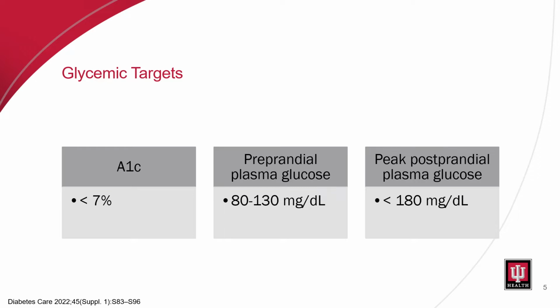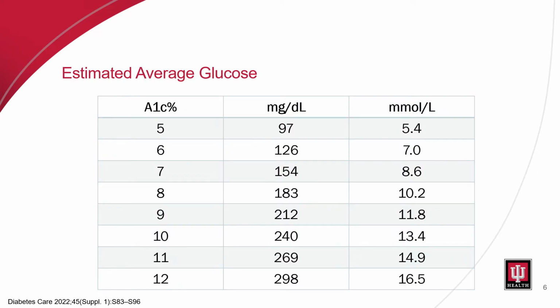I do like to show this table just so that we understand exactly what that A1C rating correlates to with blood glucose values. Throughout this presentation, I will most often utilize milligrams per deciliter when talking about blood glucose readings because that is the value in which my EHR system reports.